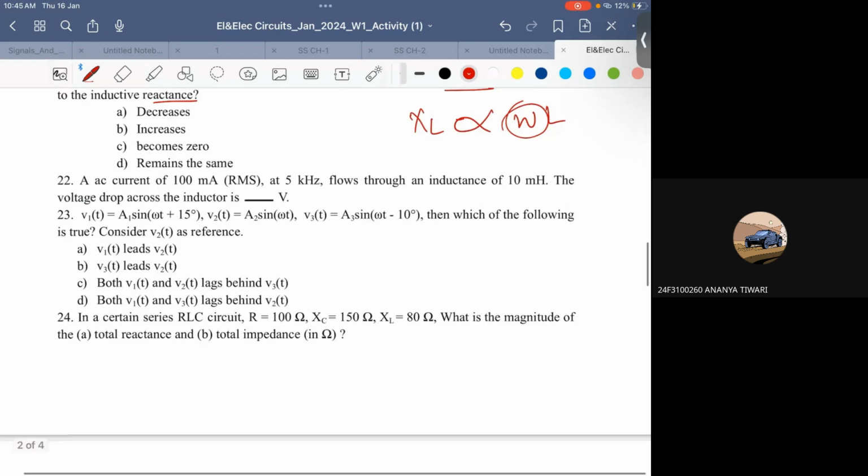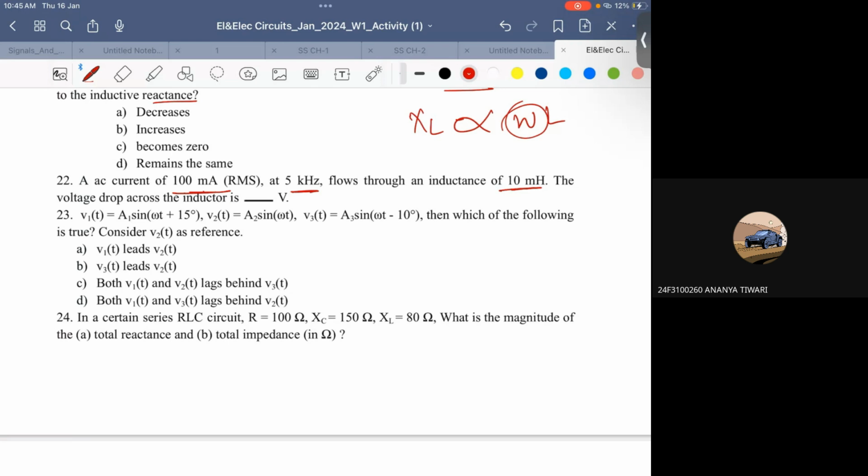Now an AC current has been given in the form of RMS, and the frequency has already been given, flowing through an inductance of 10 microhenry, and then the voltage drop across the inductor is what? How will you calculate this?